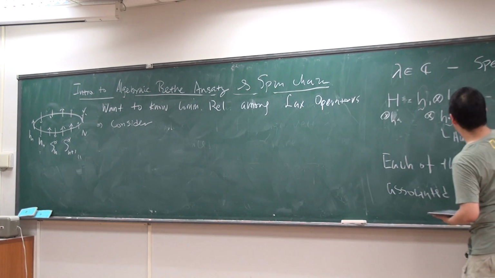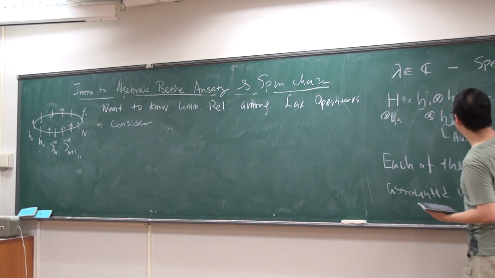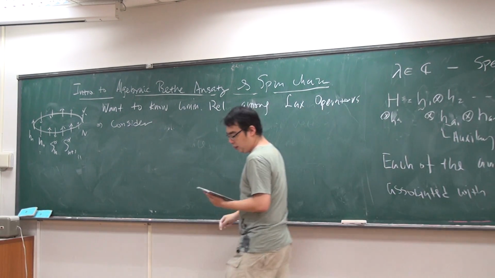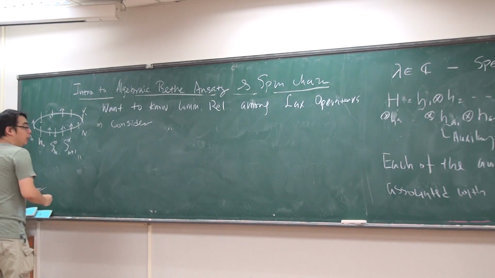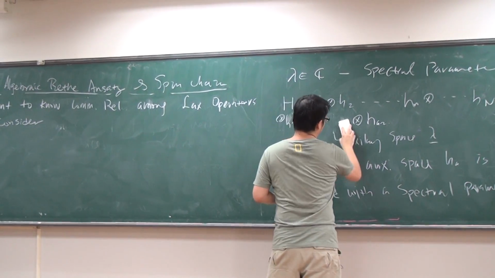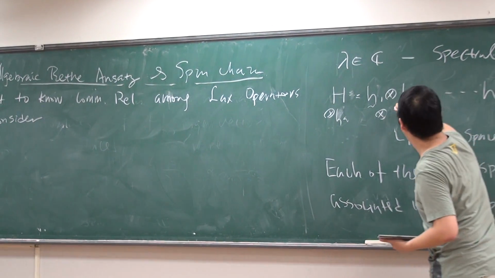So I guess I would call this HA1, HA2. Actually, that's why I introduced B instead of H, just to save the notation.